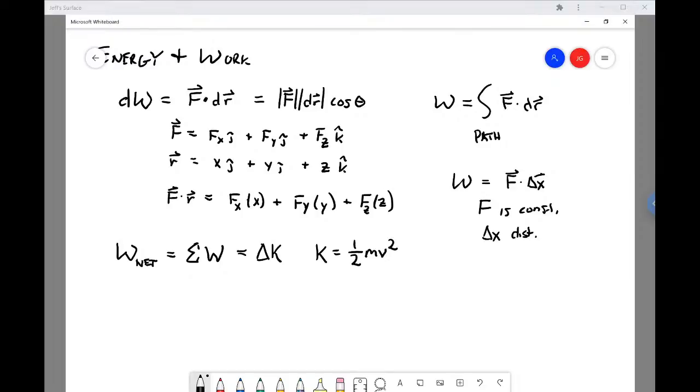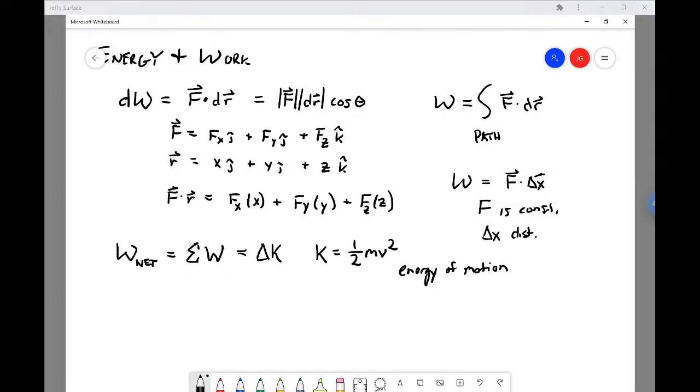So this is energy of motion. It depends on the mass of the object, but it depends on the velocity squared. And so double the velocity, you quadruple the amount of kinetic energy.